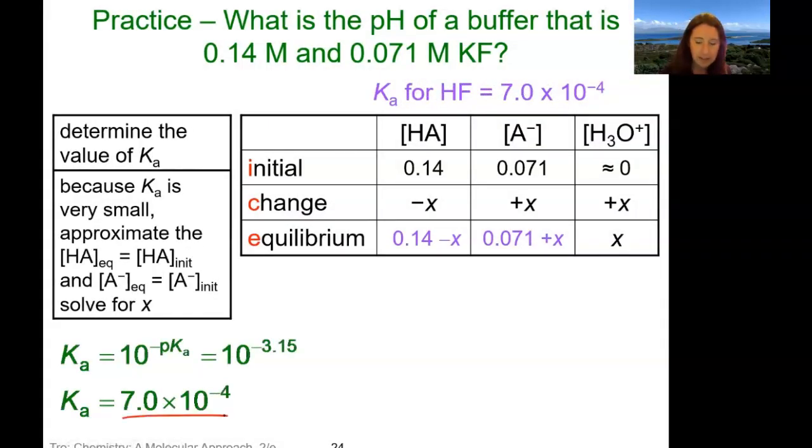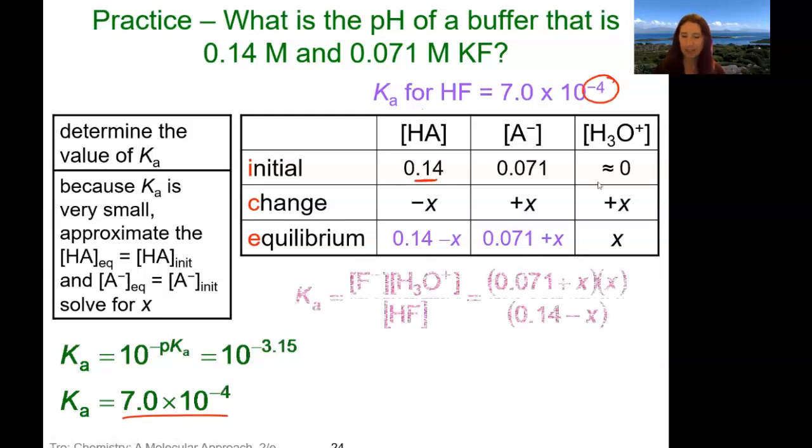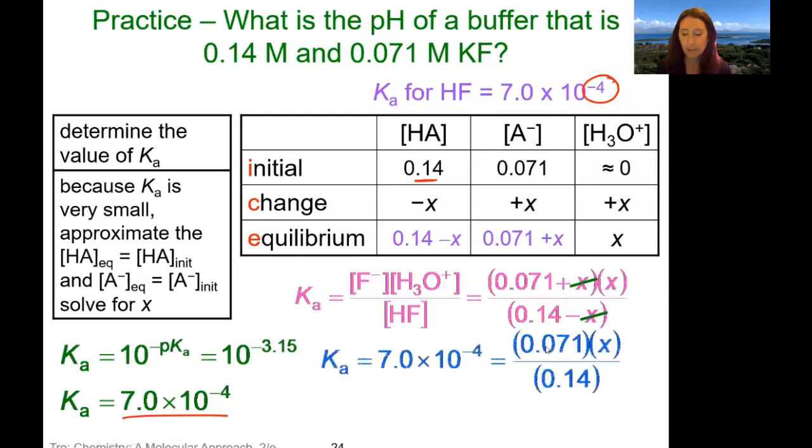So we do that, we get 7.0 times 10 to the negative 4. Okay. Negative 4, negative 1. Our x is small will work. Sure, let's cross it off. Okay, so we do this. Our math becomes so much more lovely, right? This math is so nice.